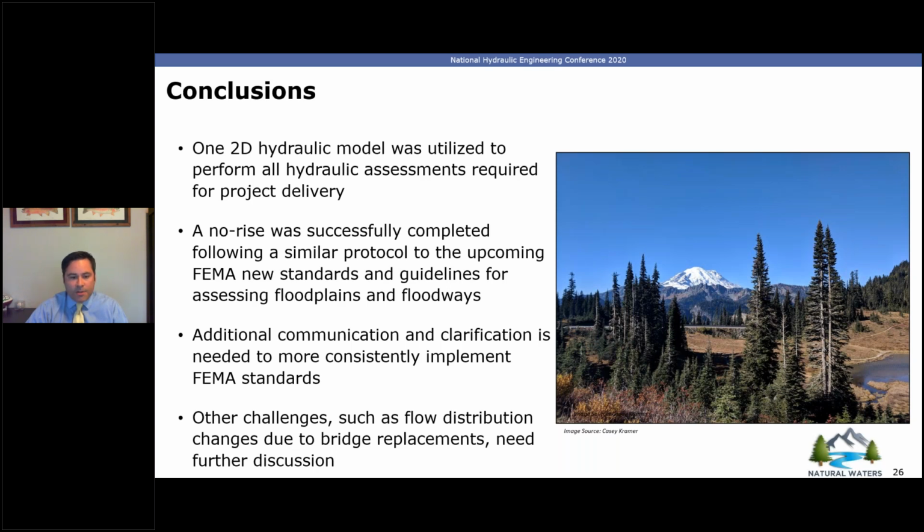I think having clear direction at the scoping level of project delivery and being able to utilize one hydraulic model for all analyses can really save DOTs a lot of time and money. And to someone else's earlier question, there are some other challenges this presentation didn't delve into, such as flow distribution changes due to bridge replacements. I think this really needs further discussion.